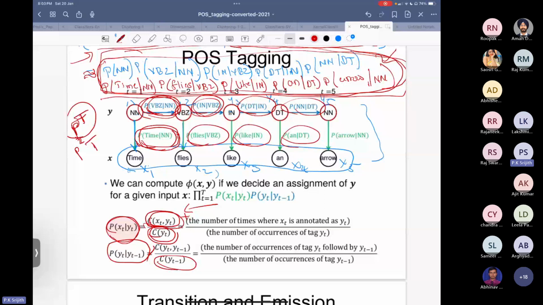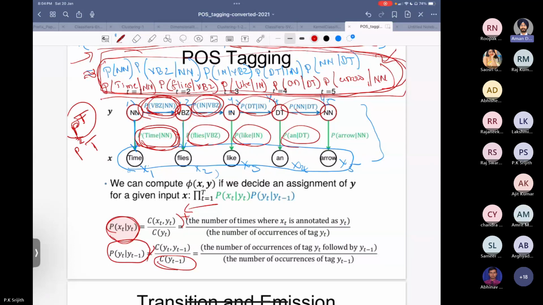Which means that out of the total number of times NN is appearing, how many times is time appearing with NN? So that you can find out from the corpus by counting the number of times time and NN are appearing, that is given by c of xt yt divided by the number of times NN is appearing, which is given by c of yt.